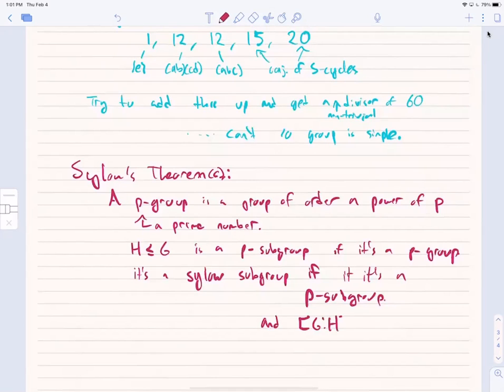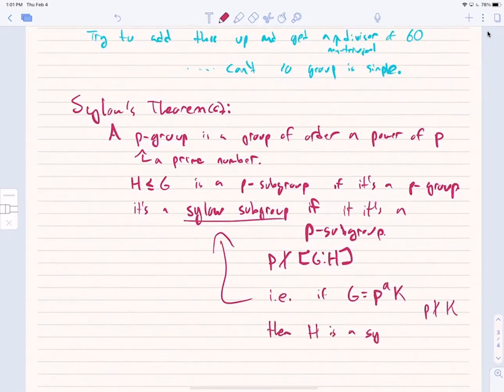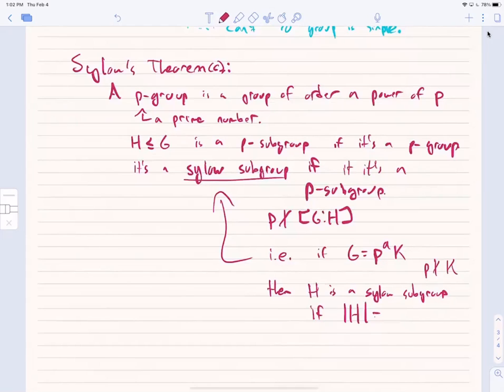So that means that the index of H in G is not divisible by P. Okay, so another way to say this is if the order of G is equal to P to the A times K, where P and K are coprime, or just P doesn't divide K, then H is a Sylow subgroup if the order of H is equal to P to the A. Okay, so then what's the theorem?